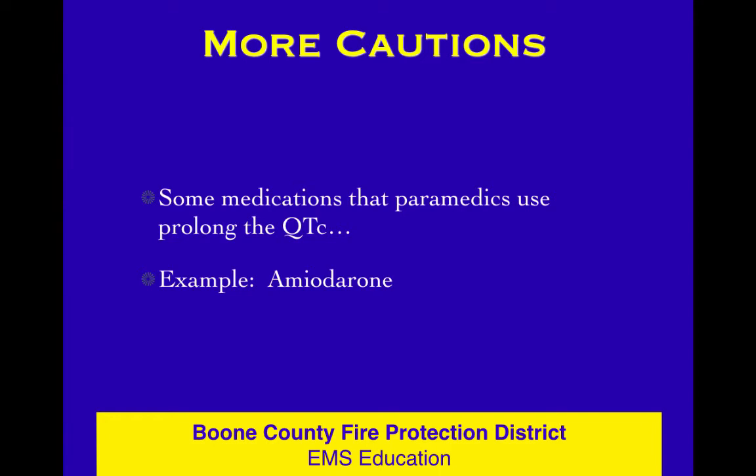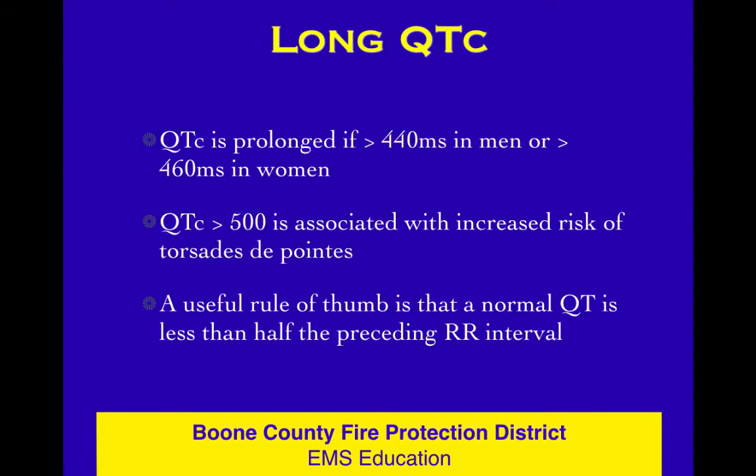Amiodarone is a common medicine that we give for ventricular rhythm problems, and amio can definitely prolong the QTC, which then puts your patient at risk for weird, scary rhythm problems like Torsades, and so we want to know that amio prolongs the QTC.